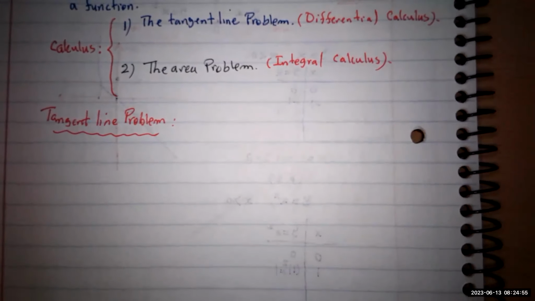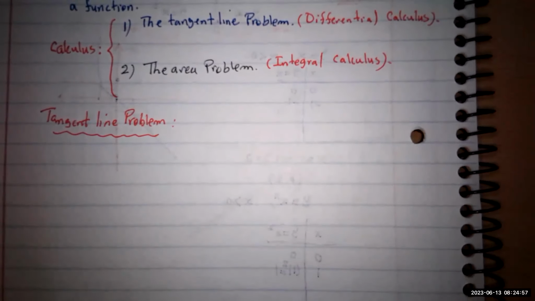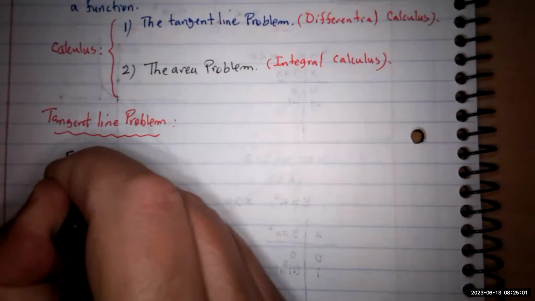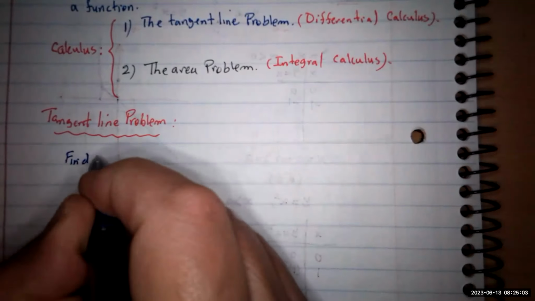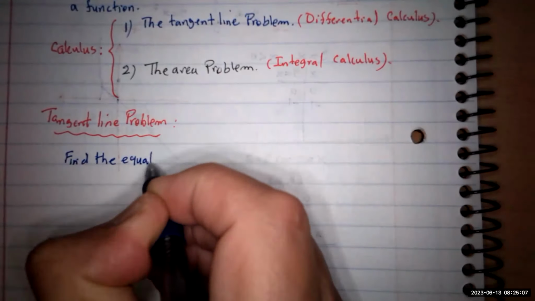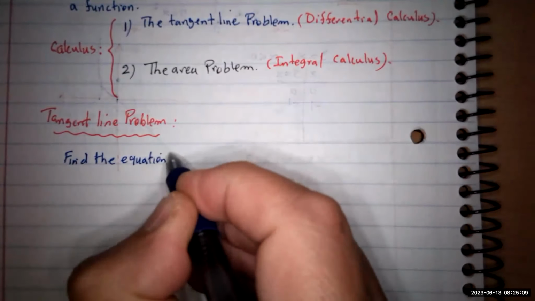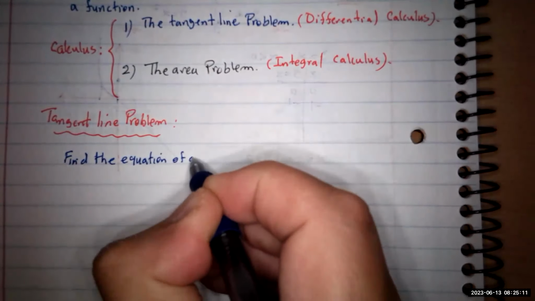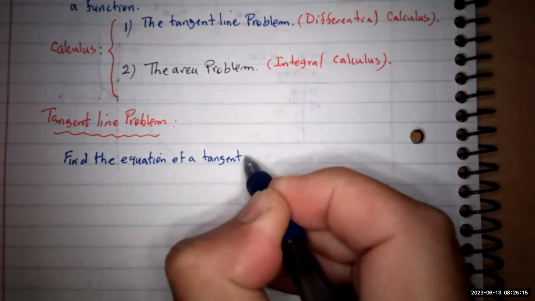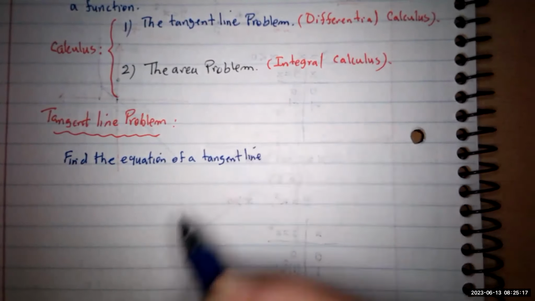An easy problem: a curve is given to you, and you would like to find the equation of a tangent line. So the problem is, find the equation of a tangent line.